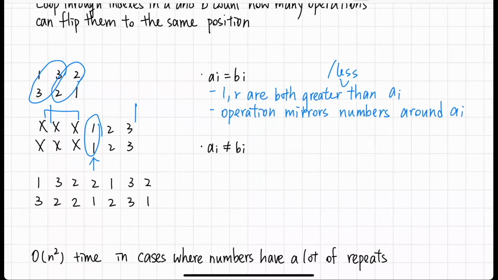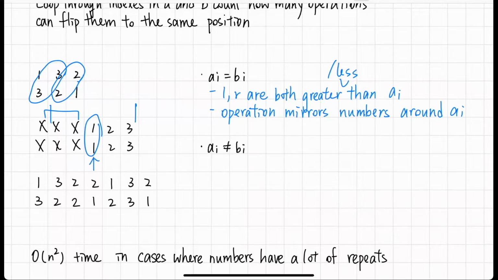For the case when the numbers are not equal, as we already saw here, these numbers are not in the same position. The flips that would make them become in the same position are these, where L is 1 and R is 3.